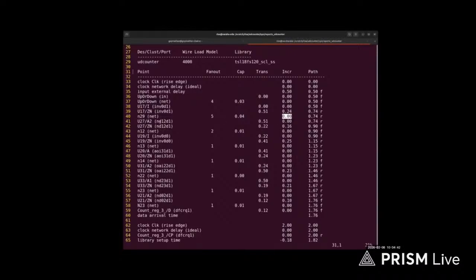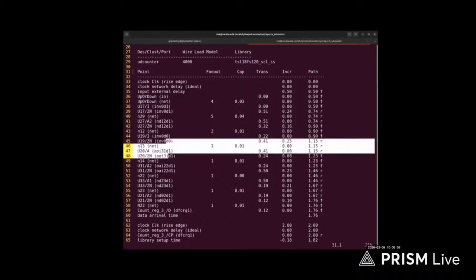Then it goes to a NAND gate and comes out of the Zn pin of the NAND gate. The NAND gate takes 0.16 nanosecond. So 0.74 plus 0.16 is going to be 0.90. Like this, it goes on.